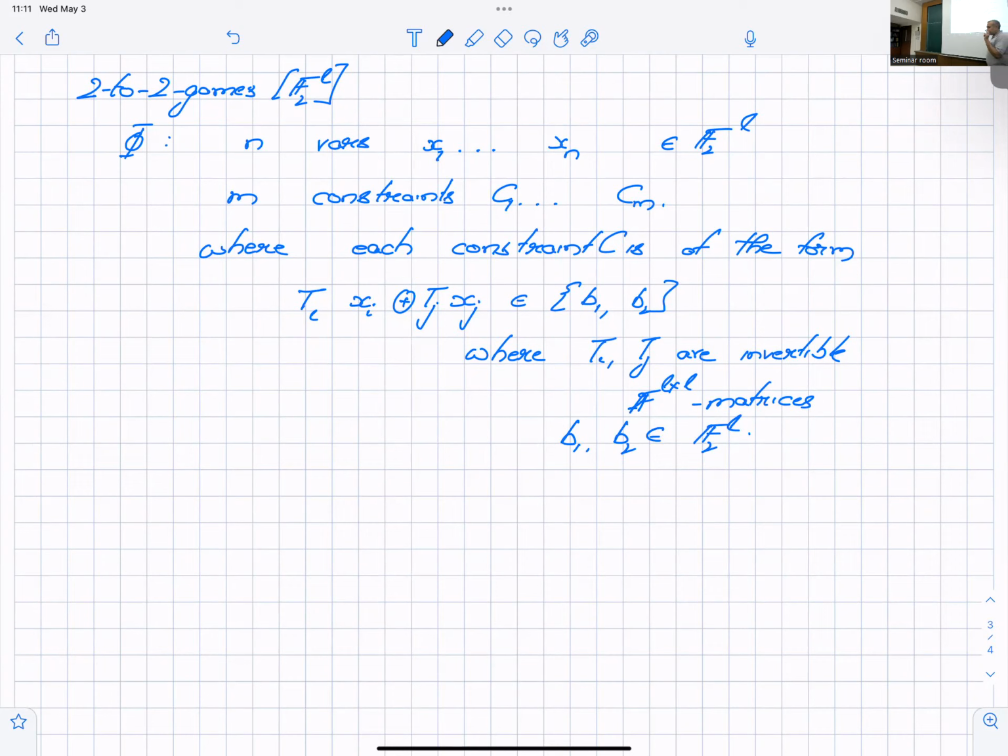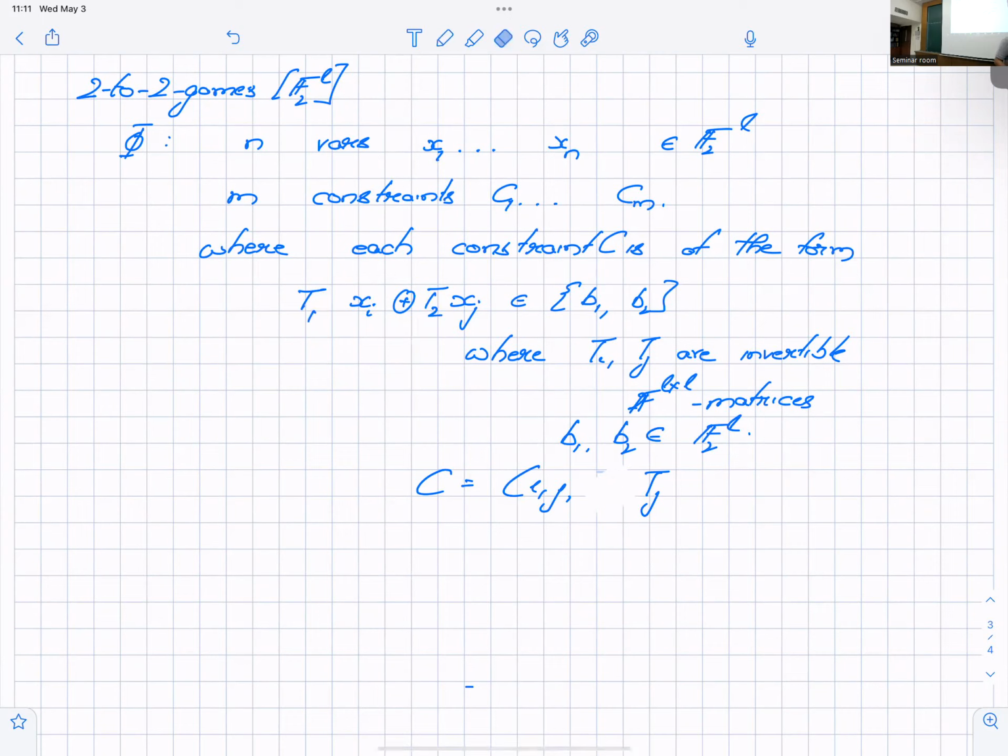Every C tells you which two variables, which two matrices, which two vectors. A constraint C is specified by i, j, Ti, Tj, v1, v2.